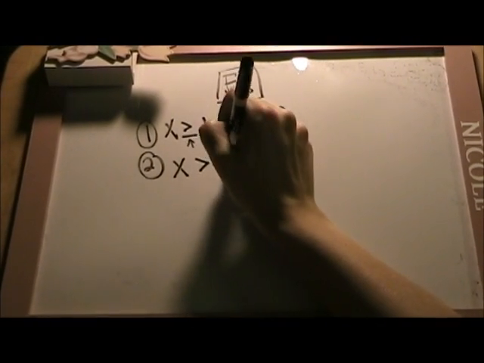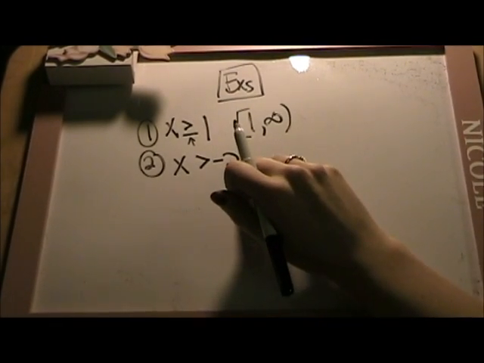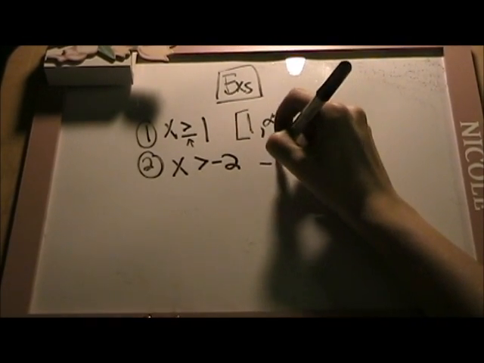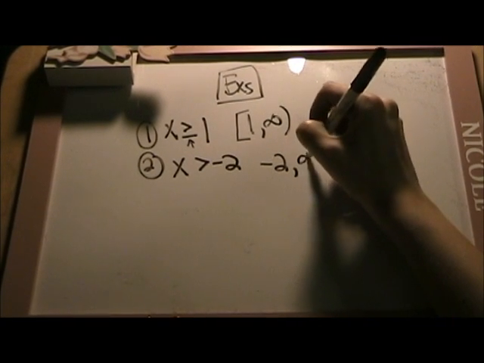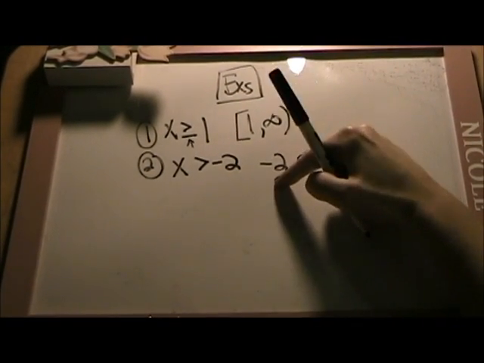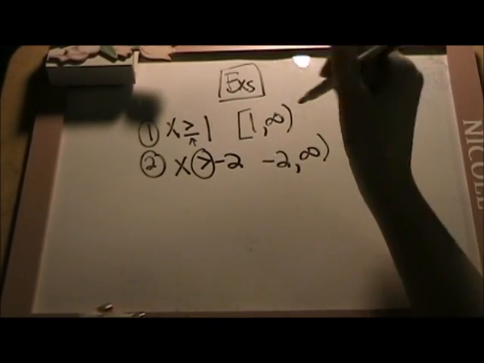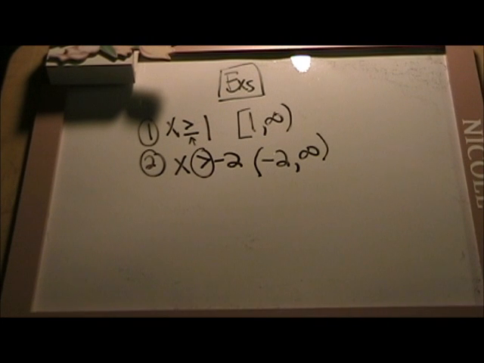X is greater than -2. Think about the smallest. I'm starting at -2 and I'm getting bigger. So -2, and if I keep getting bigger, positive infinity. That gets parentheses. -2, it's not greater than or equal to, so it's parentheses.